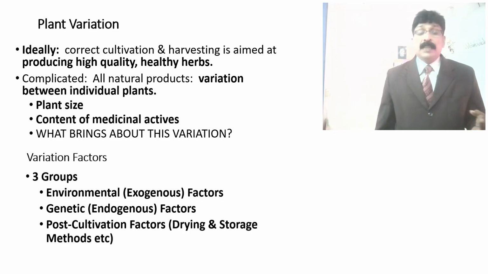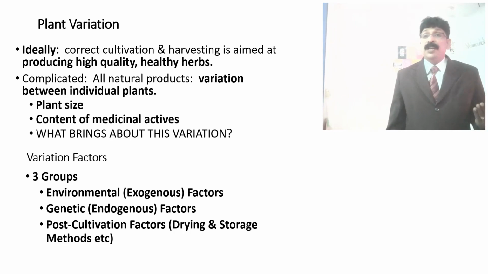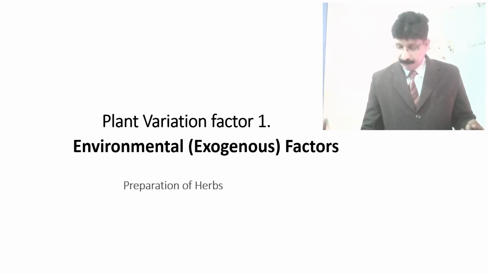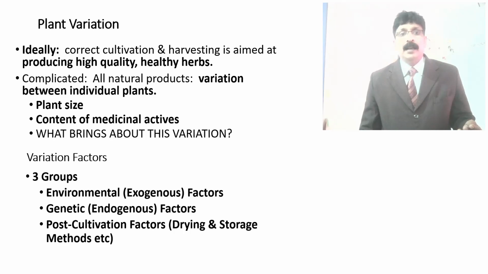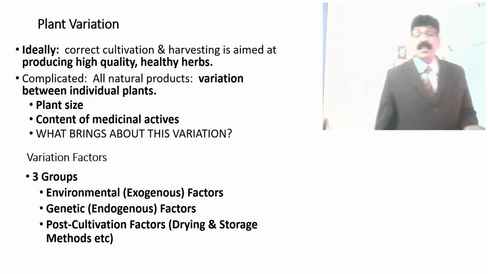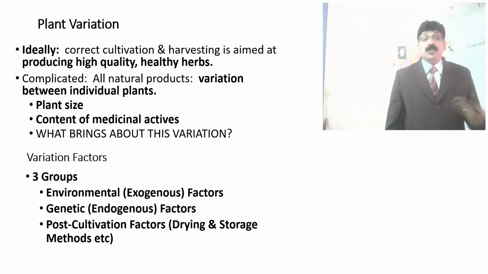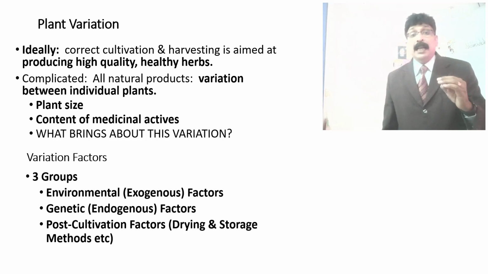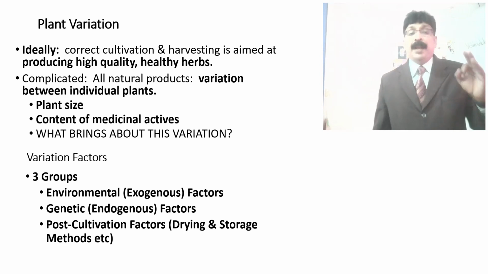Variation in individual plants can be seen by means of 3 groups: environmental, exogenous factors; genetic, endogenous factors; and post-cultivation factors like drying, storage methods, etc. So we are going to see all the details. Environmental exogenous factors will be many.